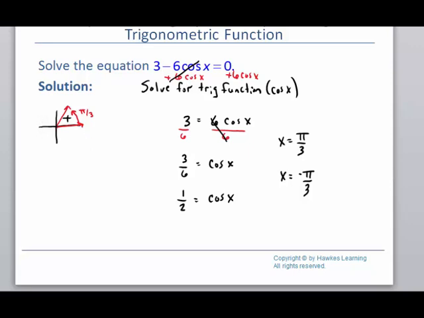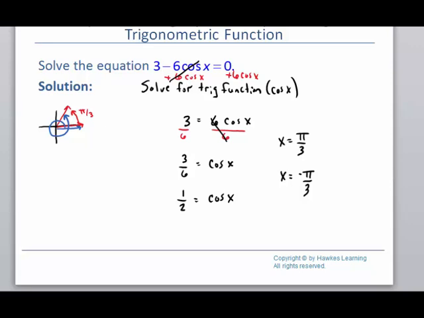All right, so this pi over 3 angle that we're saying is one of the answers is an answer. But if I were to take the angle and rotate all the way around and come back to pi over 3, that would also be a solution to this trig function.